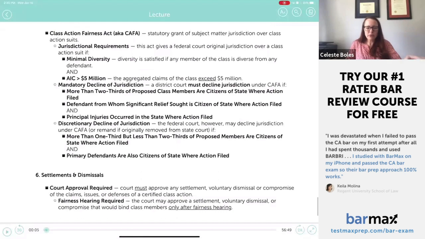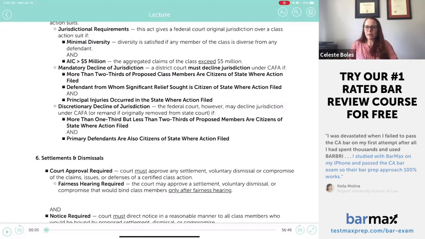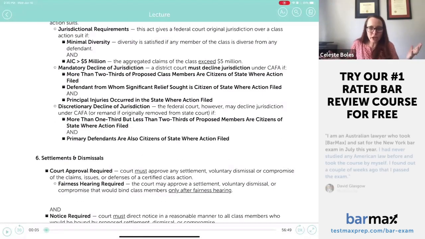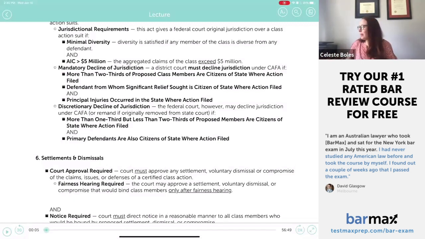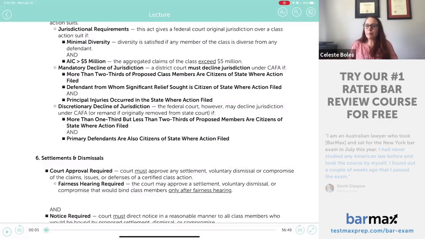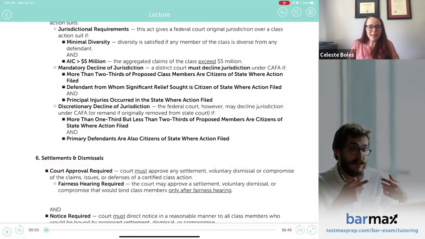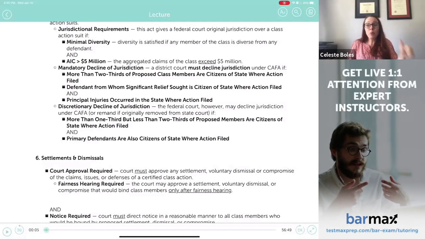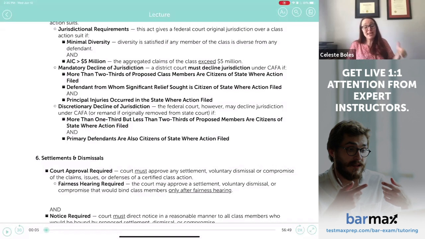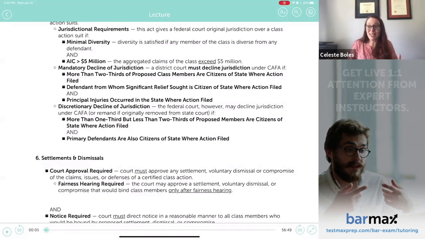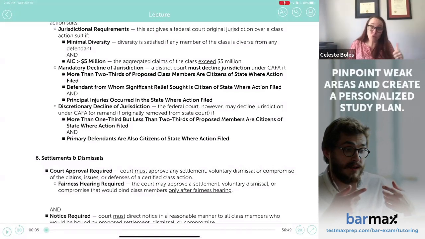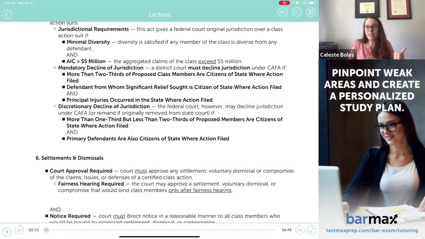And people had trouble with the standing issue too. Most people got the Erie issue right. At least, you know, I'm talking to retakers. I don't know. Obviously, for the people who passed, they may have done better. So I'm going to tell you, that one was tricky, right? But we know that NCBE tested the basic rule for class actions in one of those 46 released MBE questions.